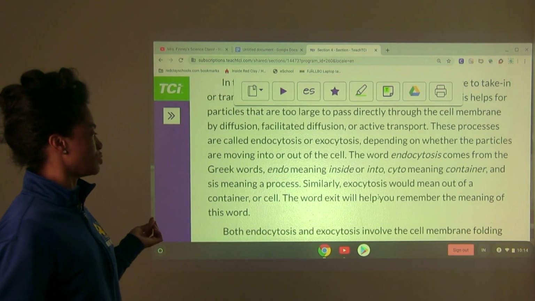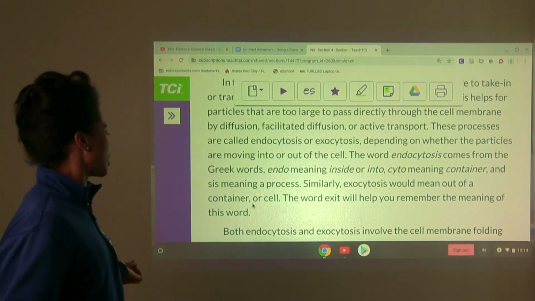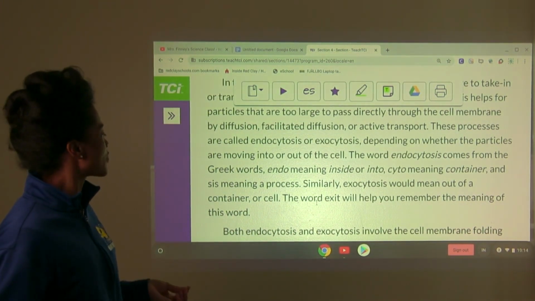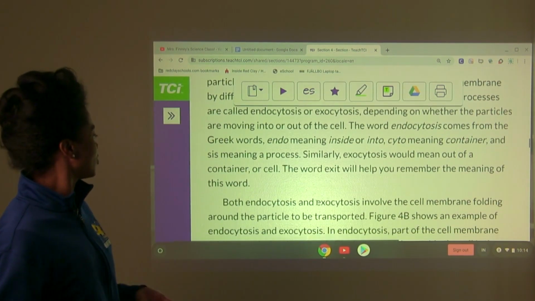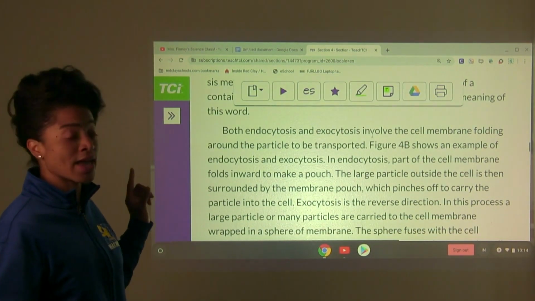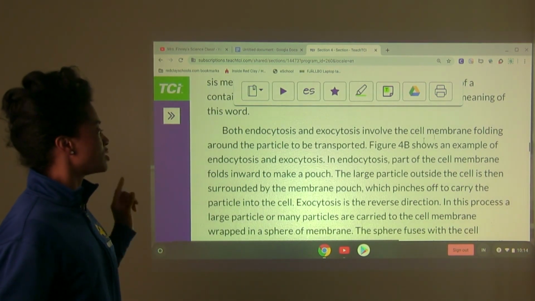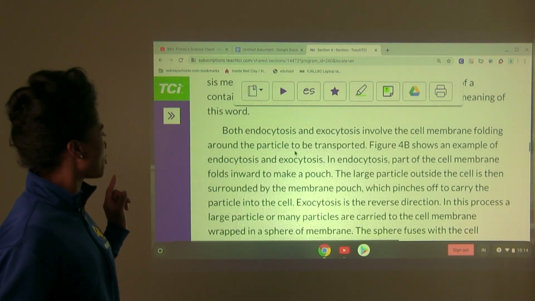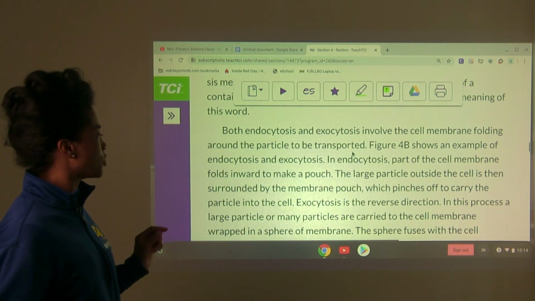Similarly, exocytosis would mean out of a container or a cell. The word exit will help you remember the meaning of this word. So both endocytosis and exocytosis involve the cell membrane folding around the particle to be transported.